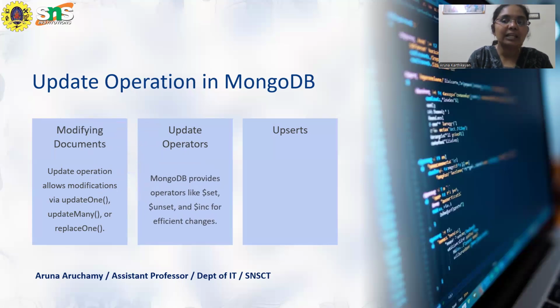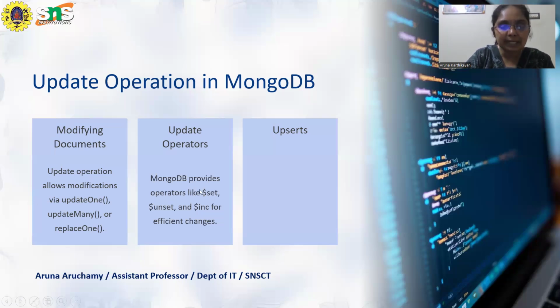And while using an update, we definitely have to use an operator. We have three operators here. We use these three operators for setting a particular value and making certain effective changes in the database. One is the set operator, another one is the unset operator, and another one is the increment operator.